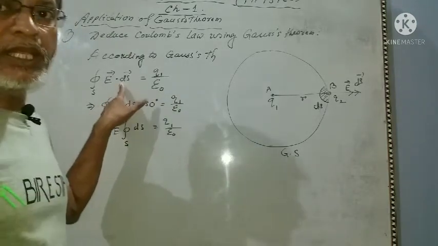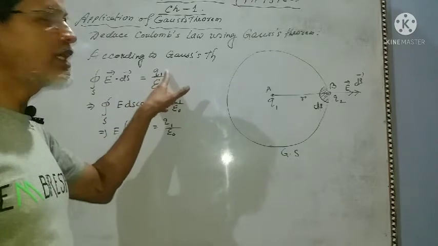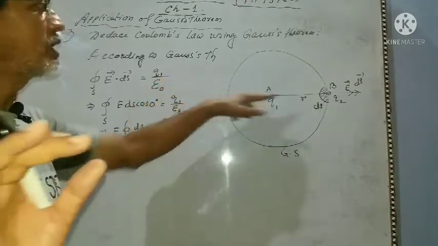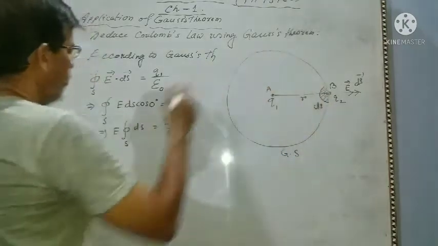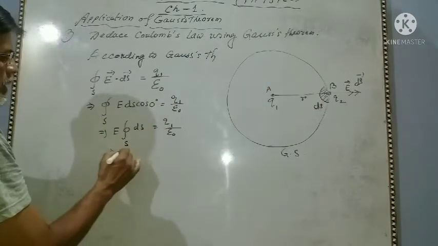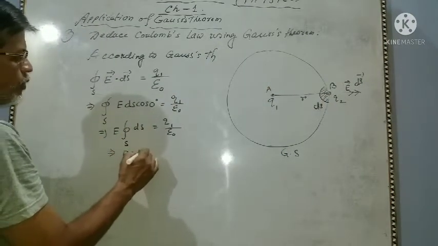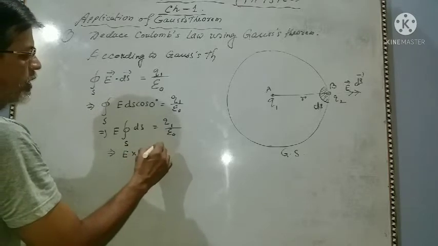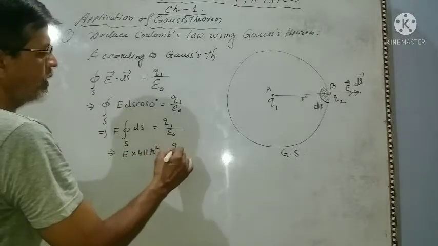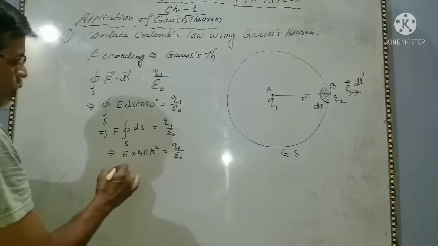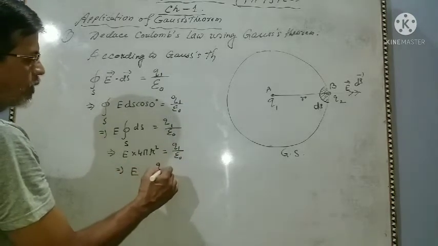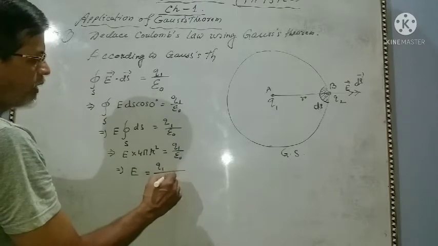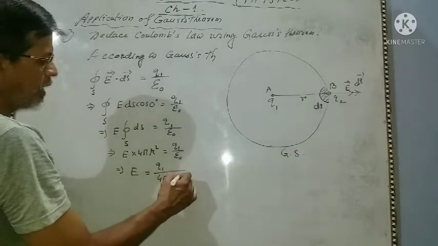So E into 4 pi r square equal to Q1 by epsilon naught. So E equal to Q1 by 4 pi epsilon naught r square.